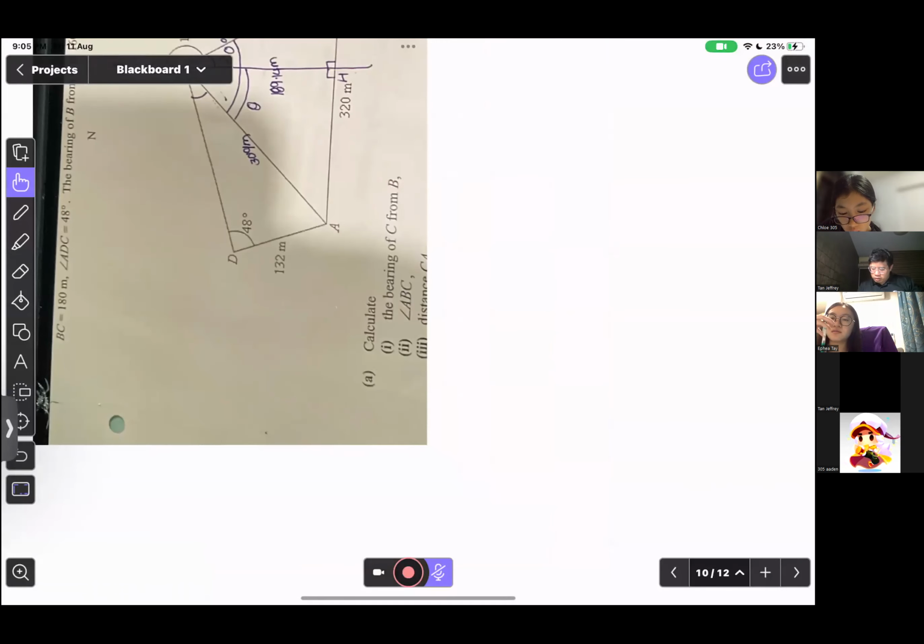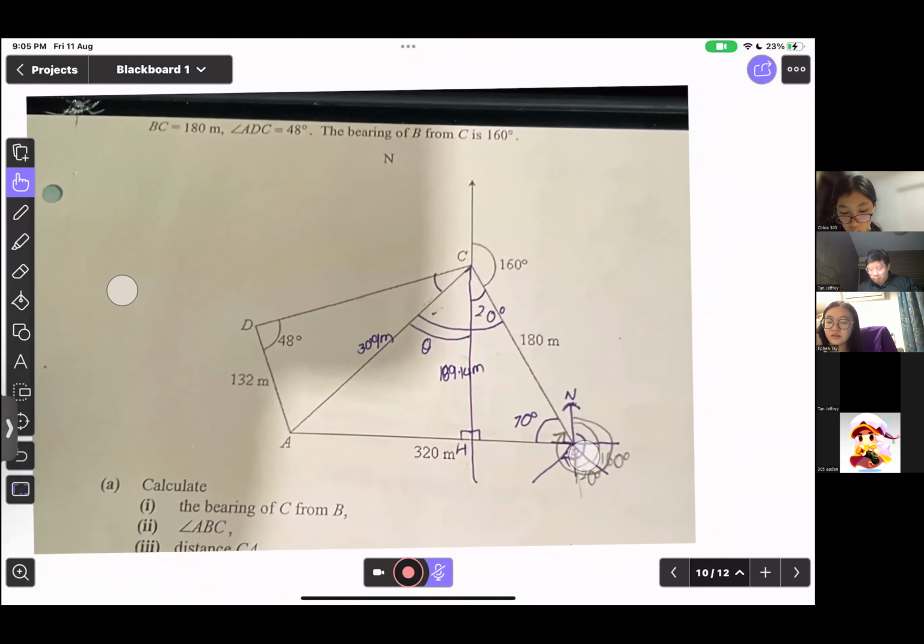What is bothering you? Is it only part 1 or part 2? Because I only see the picture, half of it. Sorry, which question is bothering you? I try to check the solution, but I don't understand the solution. Is it okay if we go through the whole question? The whole question? Yeah. Okay, give me a while.